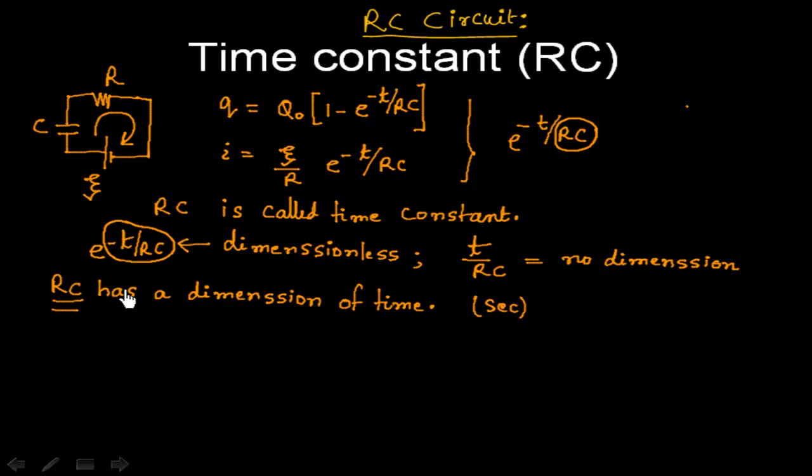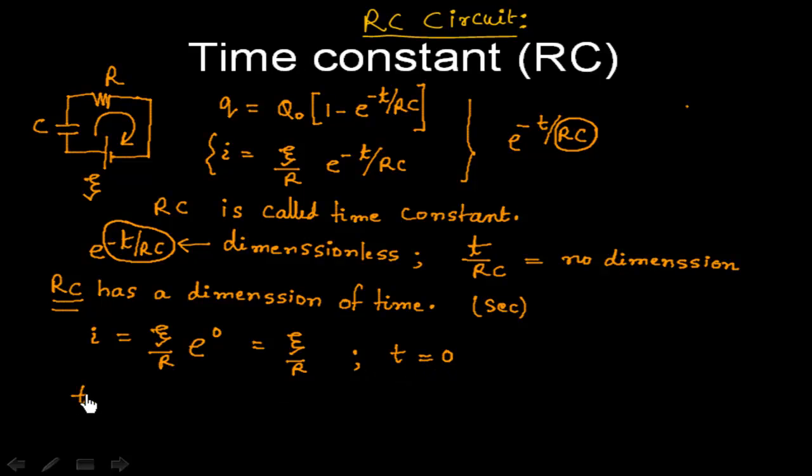Now the time constant can further be defined in this way. So you have I, that is xi by R. What is the maximum current? That is, what is the current when time is equal to 0? That is e to the power 0, so it is xi by R. So this is the current when t is equal to 0.